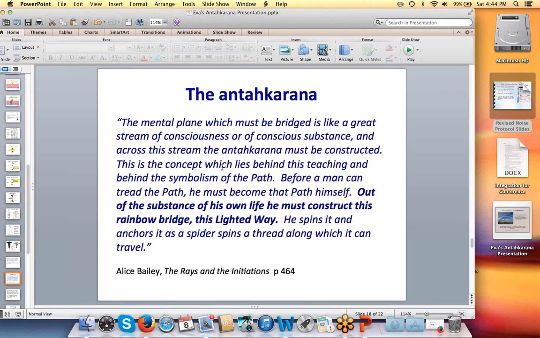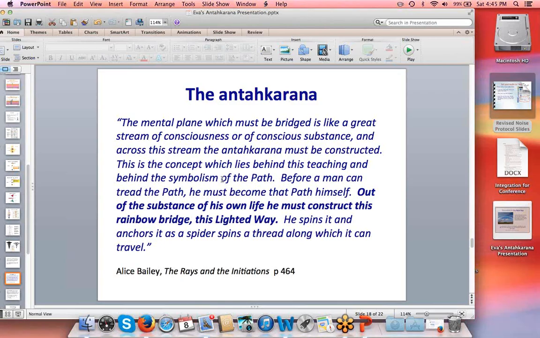This is the concept which lies behind this teaching and behind the symbolism of the path. Before a man can tread the path, he must become that path himself. Do we understand that? He must become the path himself. Out of the substance of his own life, he must construct this rainbow bridge, this lighted way.